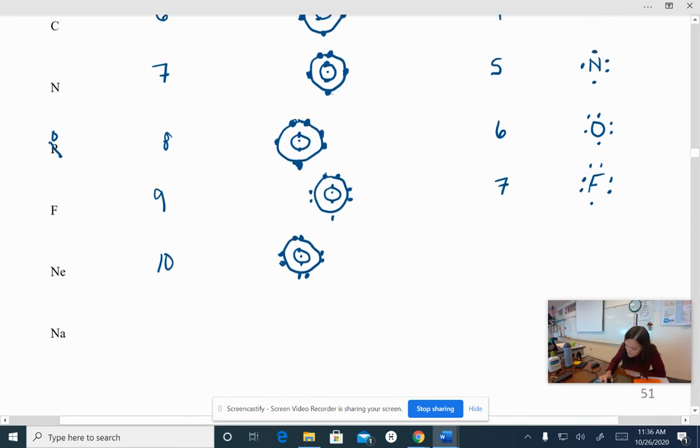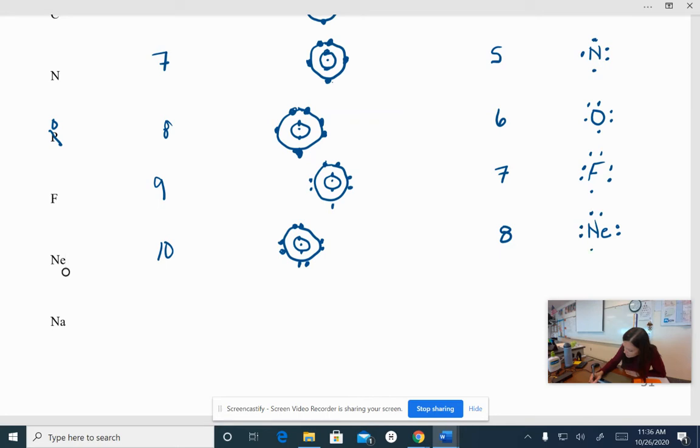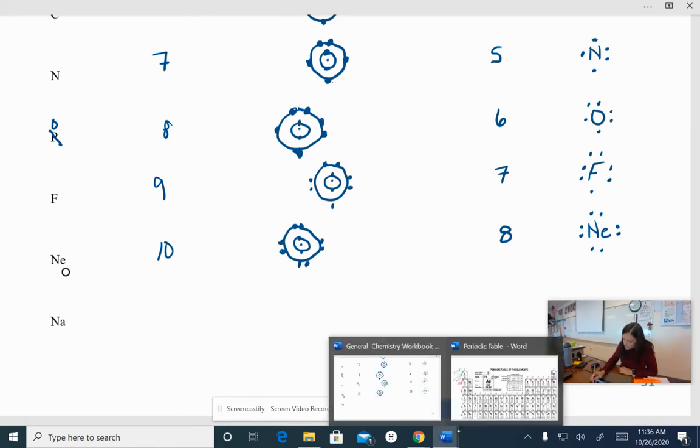So that gives me 8 electrons on that outermost shell. So when I look at neon, I'm going to have 2 electrons on each side, or 8 total valence electrons. Okay? Now, notice it's all full.